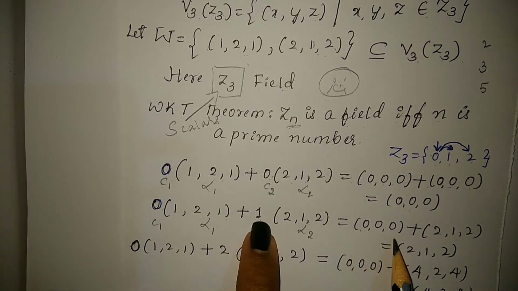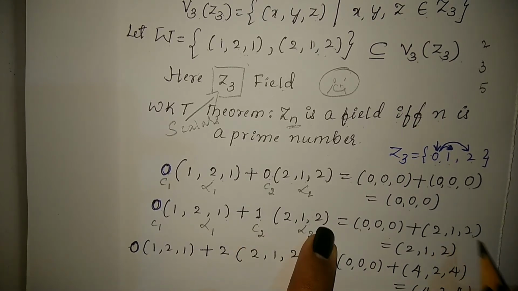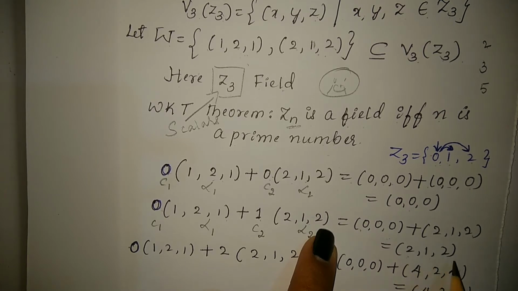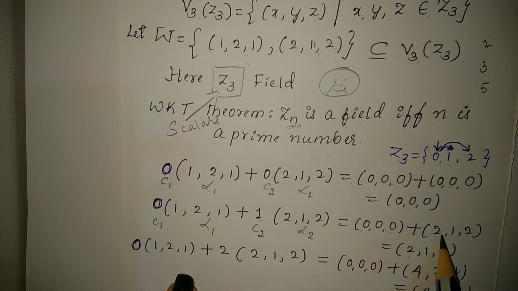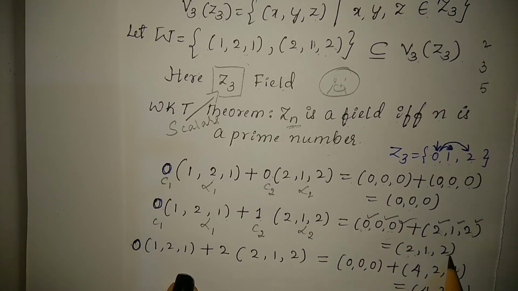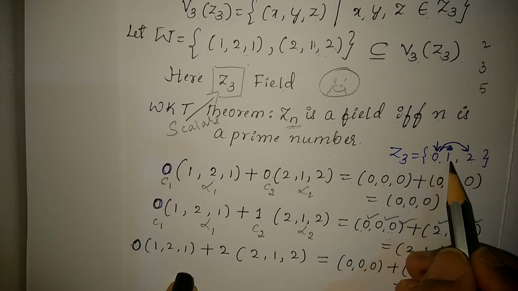And 1 into (2, 1, 2): 1 times 2 is 2, 1 ones are 1, 1 times 2 is 2. Is it clear? So now we get (2, 1, 2). Is it okay? If I add these two triplets: 0 plus 2 is 2, 0 plus 1 is 1, 0 plus 2 is 2, so we get (2, 1, 2). Okay. So 0 with 0 is over, 0 with 1 is over.